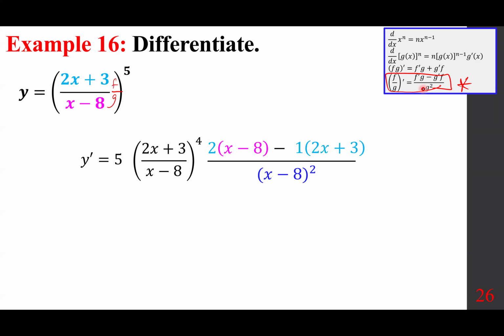All we have to do is simplify the numerator. So this is 2x minus 16 minus 2x minus 3. These two cancel each other. These two add up to negative 19. Again, remember, we're done with calculus. We are doing our algebraic steps.